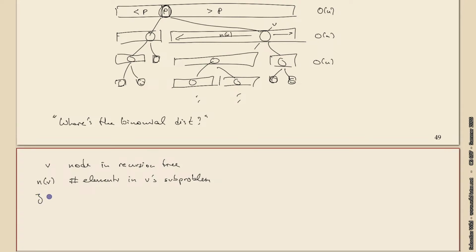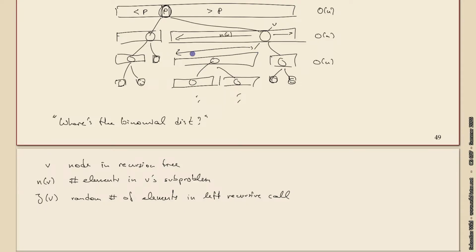And let's call J of V the random number of elements in the left subtree, or left recursive call. So in this case, the J would be the size of the left child.